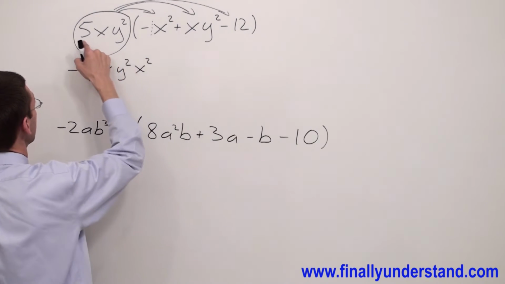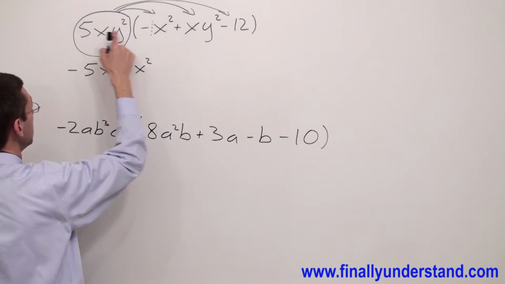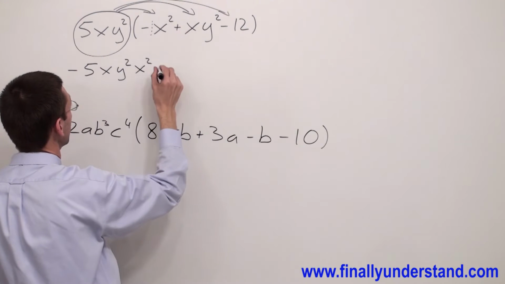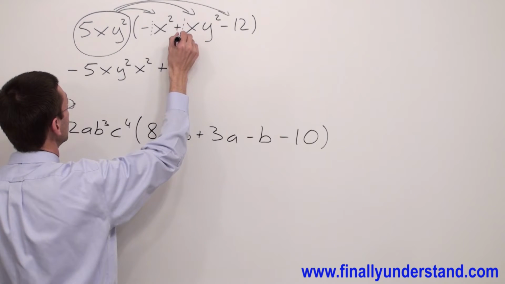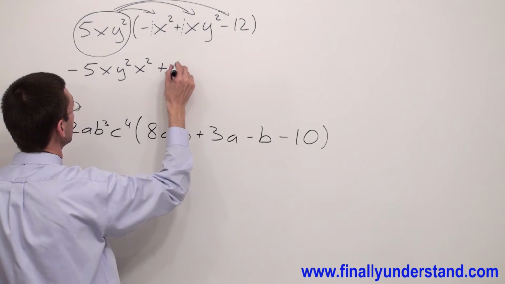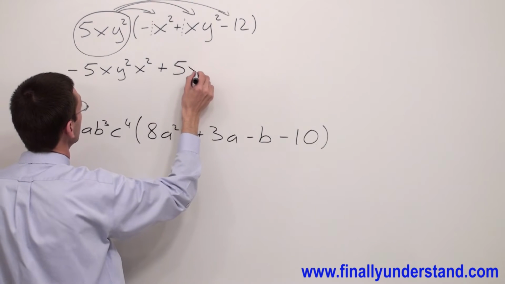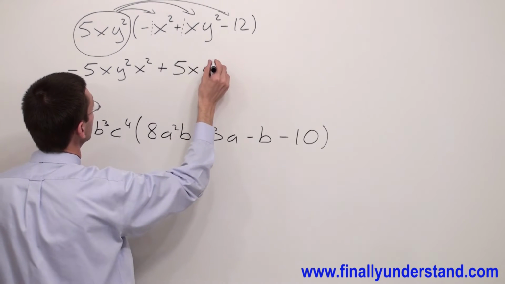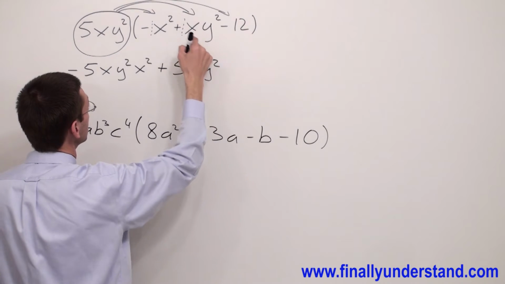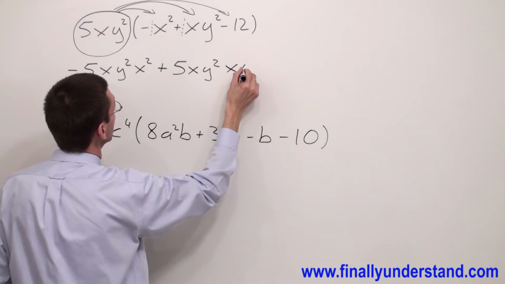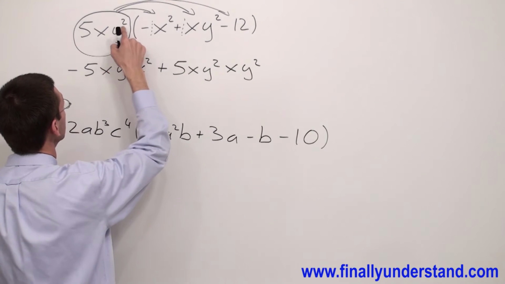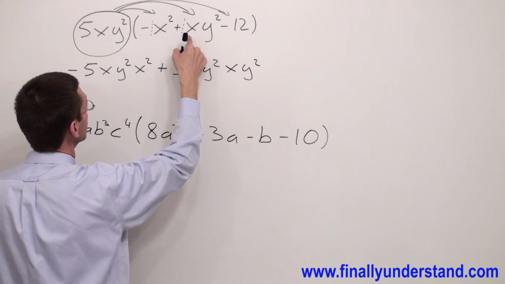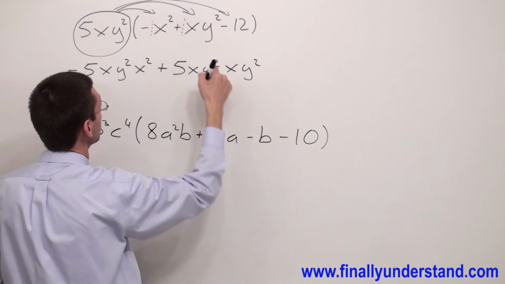Next, invisible positive sign times positive gives me positive. 5 times invisible 1 gives me 5, and I have xy squared times xy squared.